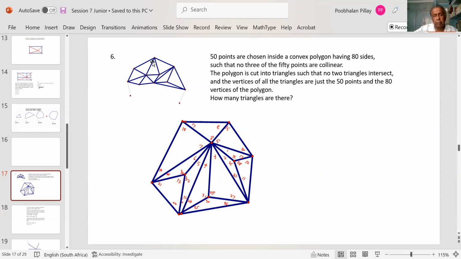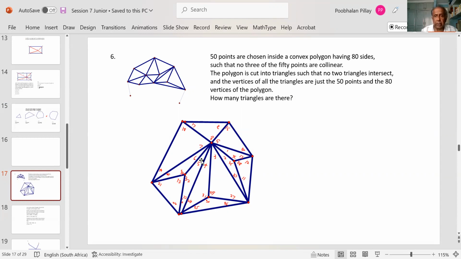So the triangles have their vertices amongst those 50 and 80 points, which are already there. And the question is, how many triangles are there? It'll be almost impossible to actually draw this thing and count all the triangles. So there must be some way of doing this.